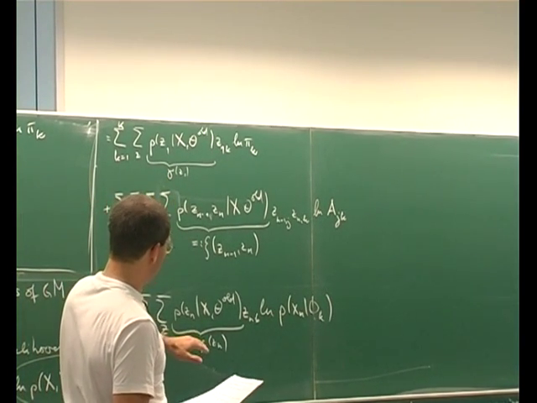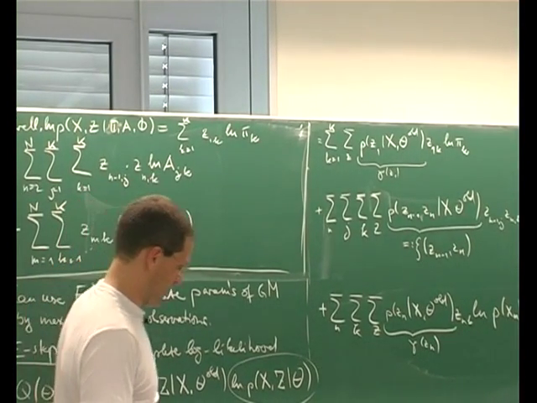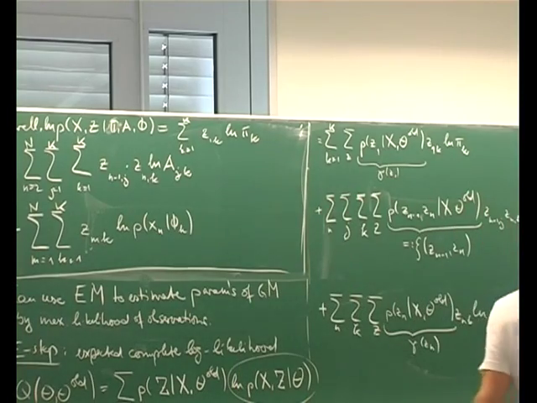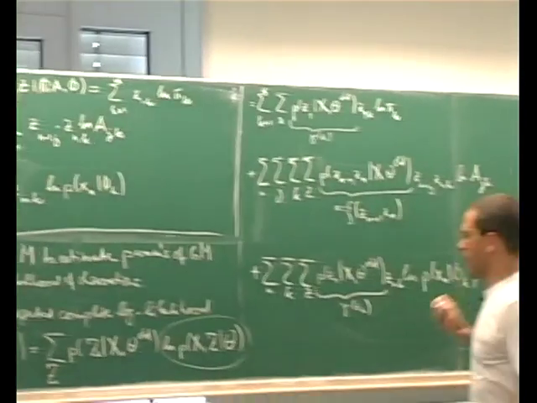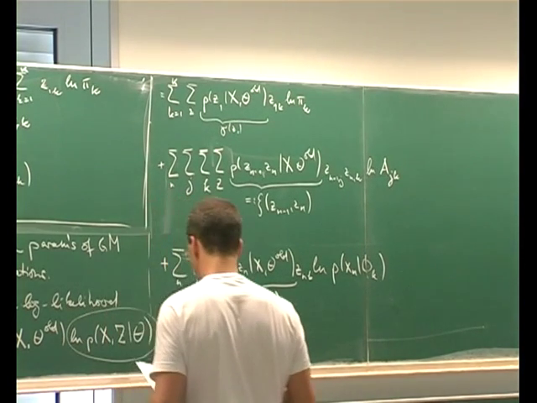So if you remember, somewhere there was the formula for how to compute these gammas in terms of the alphas and betas.